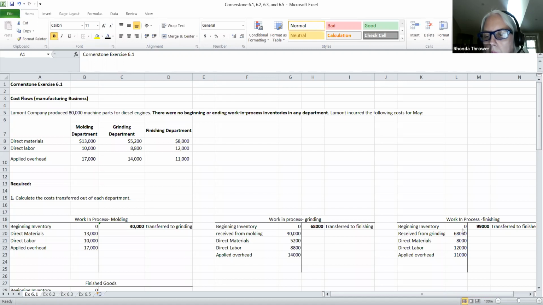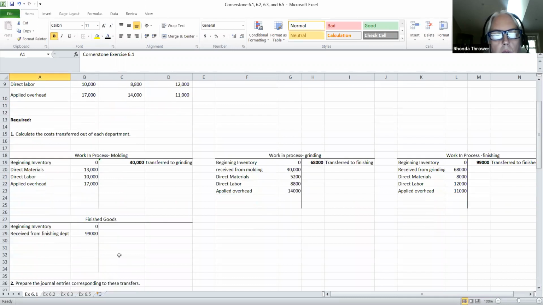We've got to process these items further. Because there was no ending inventory, all of the costs are going to be transferred to finished goods. So we total up all these costs, and this is the cost that would be transferred to our finished goods account, which is right here. We take it out of the work in process finishing and put it into the finished goods account.